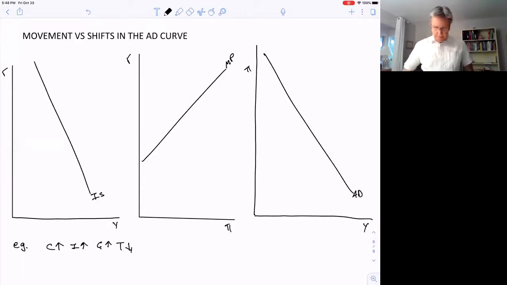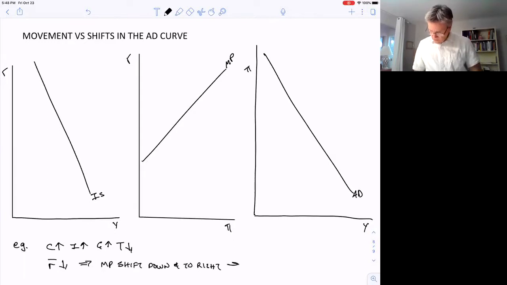Now, if the MP curve shifts to the right, that would be because of R bar. So if R bar falls, that would make the MP curve shift down and to the right, which would then make the aggregate demand curve shift to the right.